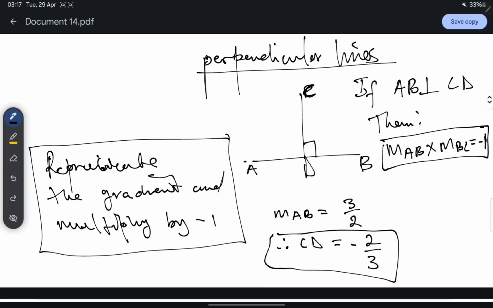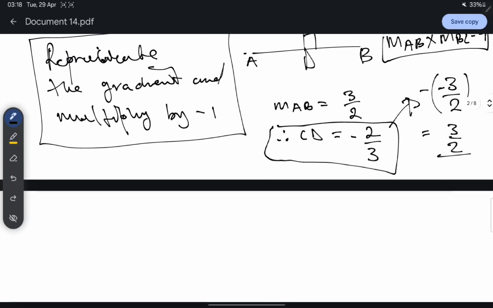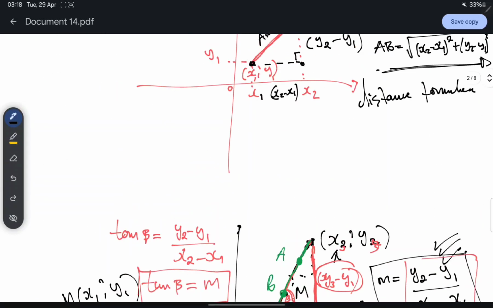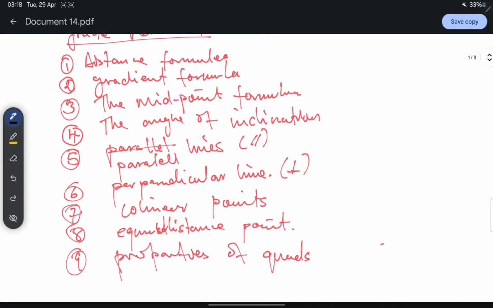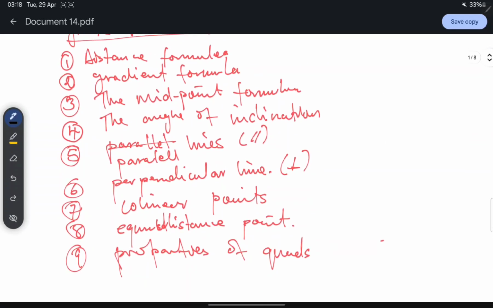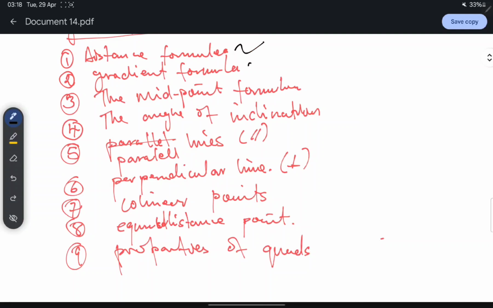You reciprocate the gradient and you multiply it by -1. Even if it was -2 over 3, if I want to change it, we'll have 3 over 2 times minus, so I will have positive 3 over 2. You reciprocate it and multiply by negative 1. Alright, or you reciprocate it to change the sign like that. We have done this.